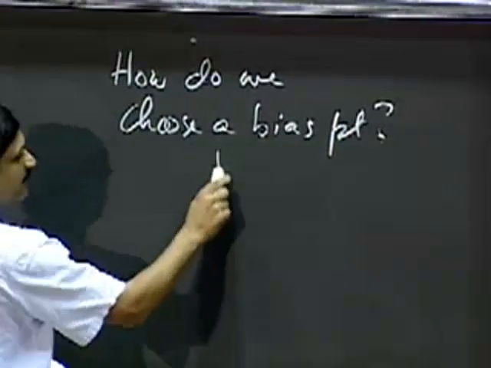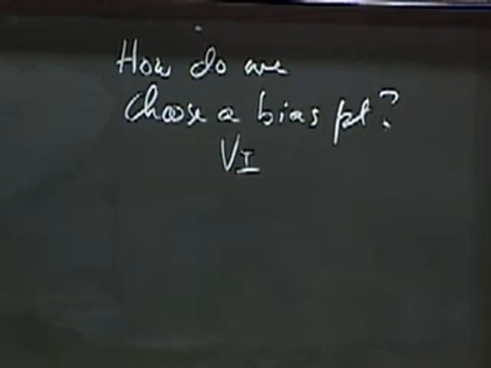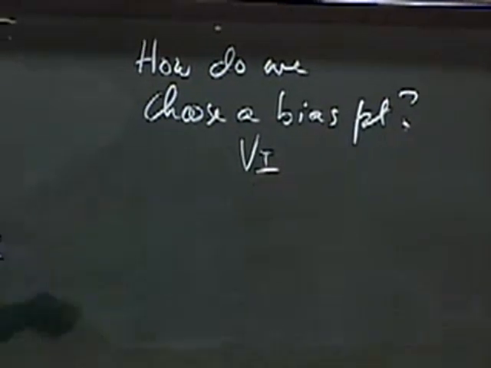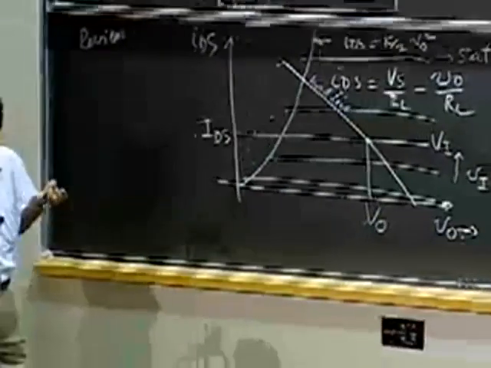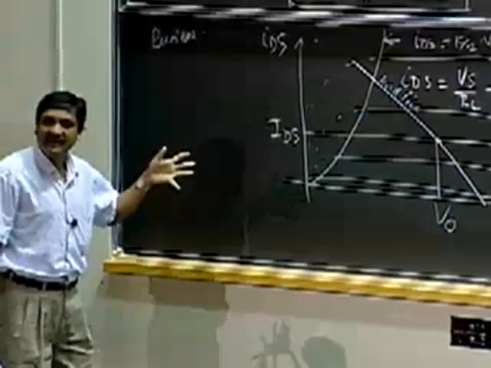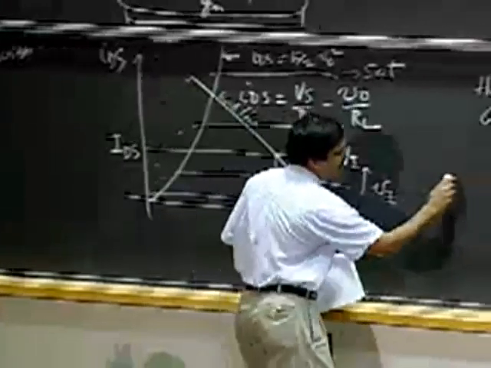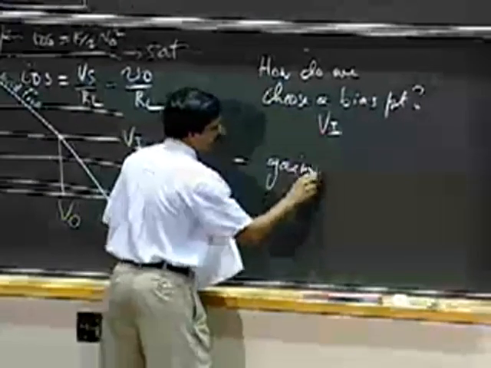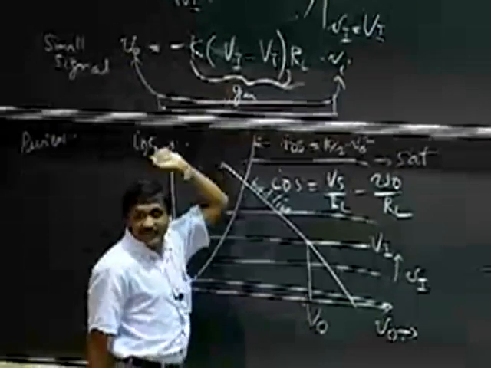And in our particular example, let's say we are free to play around with VI. So you play around with VI, and I can choose various bias points. So where do you set the bias point? What are the various characteristics of the circuit that relate to my bias point? Well, first, of course, is gain. The gain depends on how I choose VI.